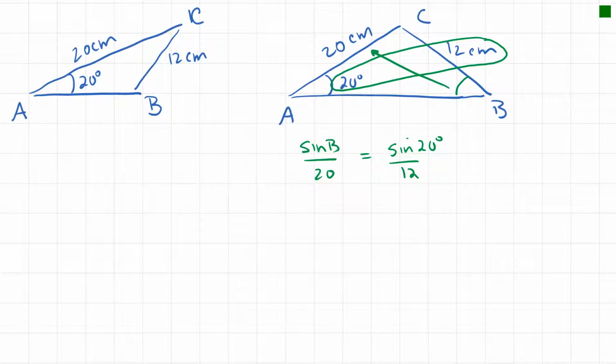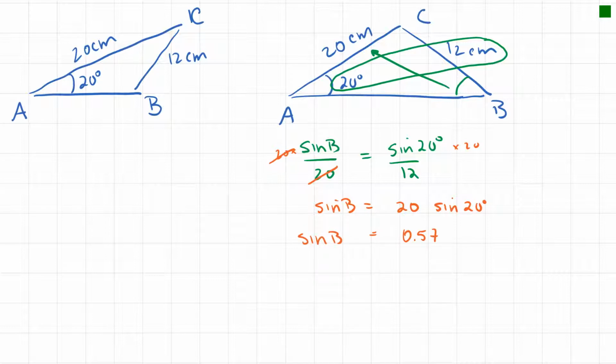Now remember, I've got to get B all by itself, so I'm going to multiply both sides by 20. And it cancels on this side, and I end up with the sine of B equals 20 times the sine of 20 degrees over 12. I pick up my calculator, and I can calculate the right side here to be 0.57.